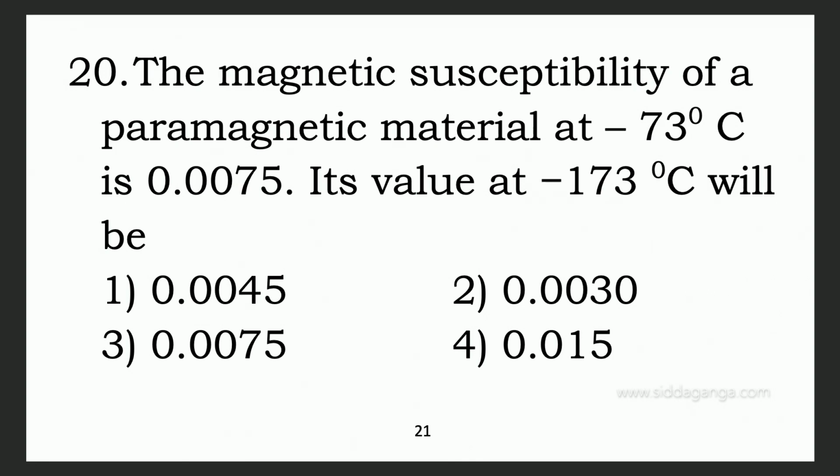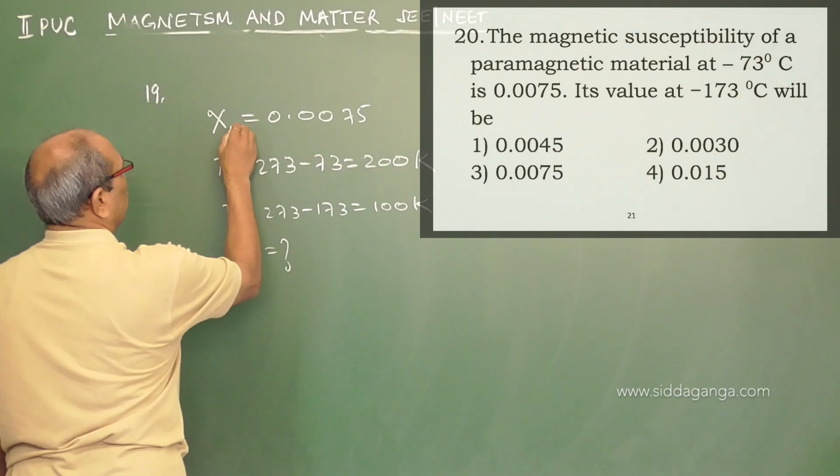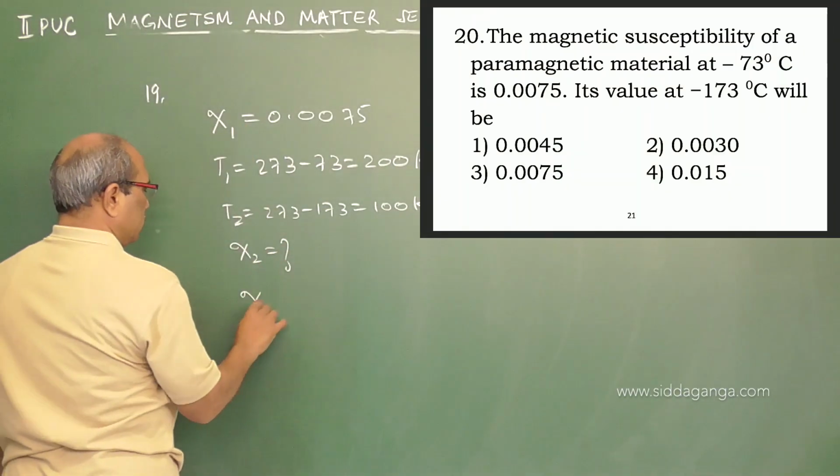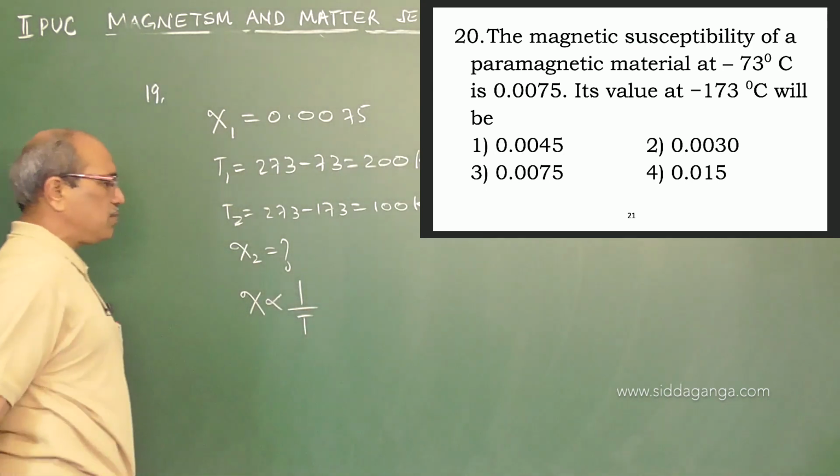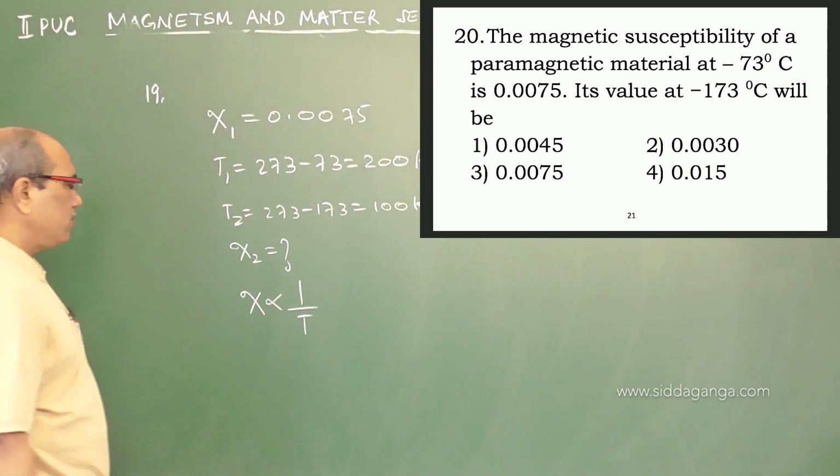The magnetic susceptibility of a paramagnetic material at a temperature of 273 minus 73, which is 200 Kelvin, is 0.0075. What is the value at temperature 273 minus 173, which is 100 Kelvin? You come to know that in the case of a paramagnetic substance, susceptibility is inversely proportional to the absolute temperature.